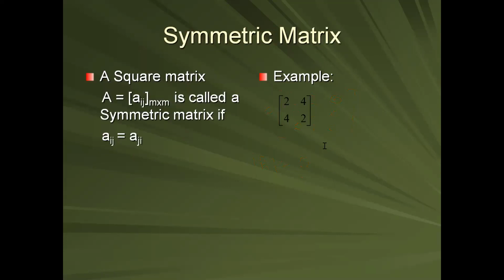The next is the symmetric matrix. Symmetric matrix means the first row is the same as the first column, the second row is the same as the second column, the third row is the same as the third column. It is called a symmetric matrix. Mathematically, we say Aij is equal to Aji.